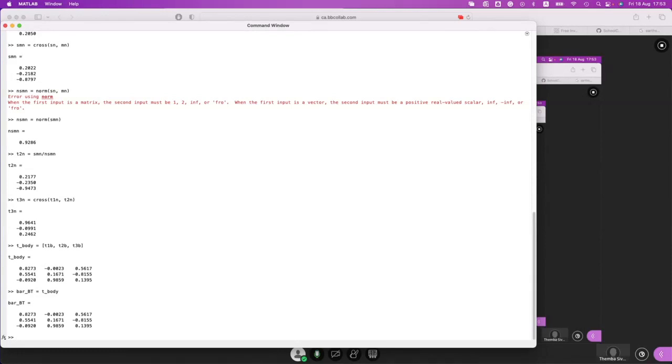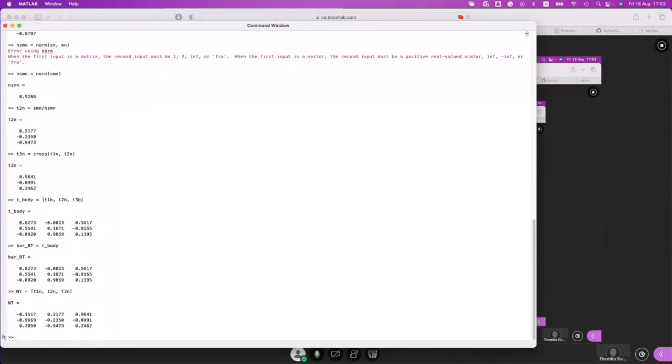So this is your matrix, the 3x3 matrix for your bar BT. Now let's do the NT matrix. NT will be your T1n, your T2n, and your T3n. Now you have this as your NT matrix for the inertial frame. And this is actually what I would expect if you're then told to obtain your BN.